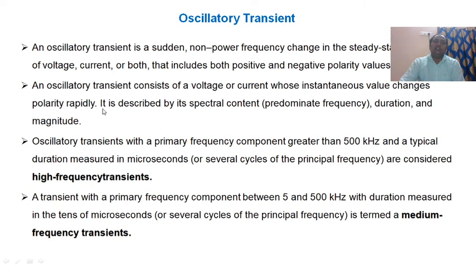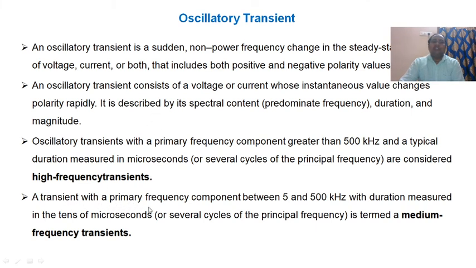It is described by its spectral content, meaning the frequency ranges, predominant frequency, duration and magnitude. An oscillatory transient with a primary frequency component greater than 500 kHz and typical duration measured in microseconds or several cycles of the principal frequency is considered a high frequency transient.